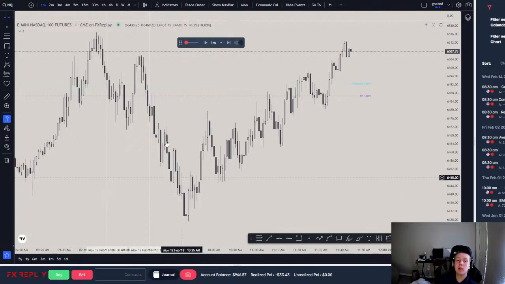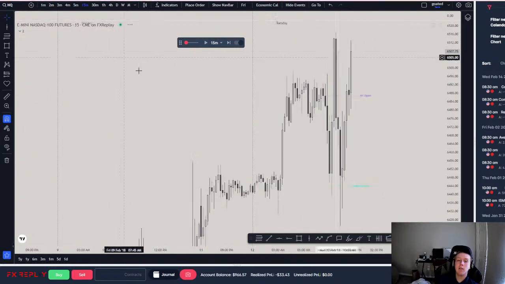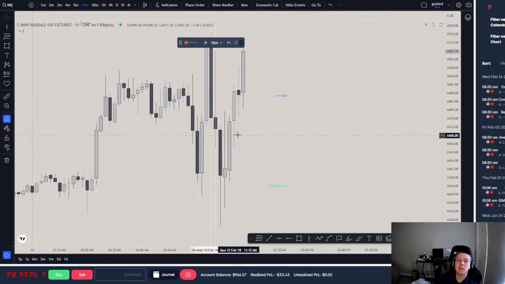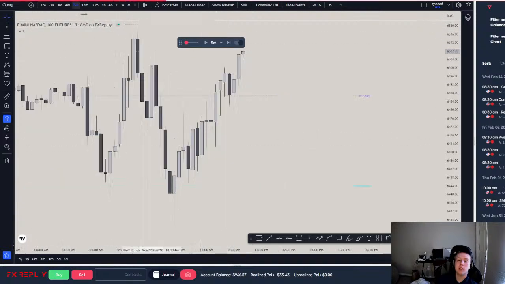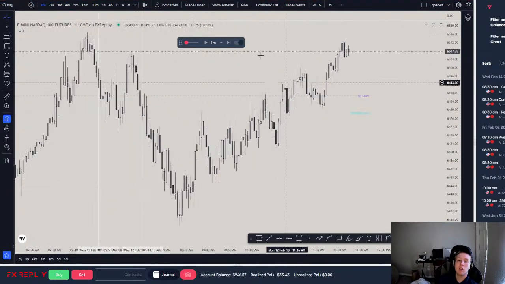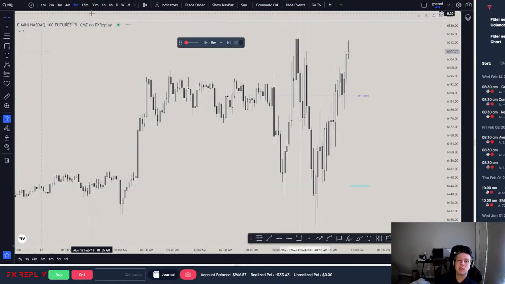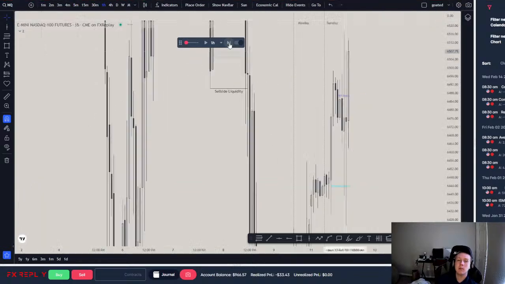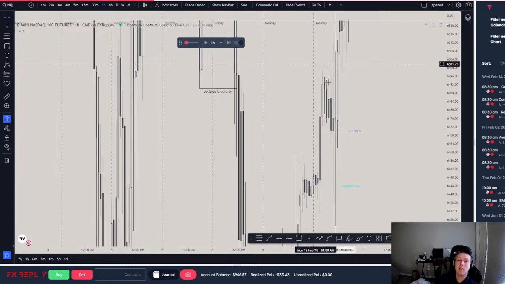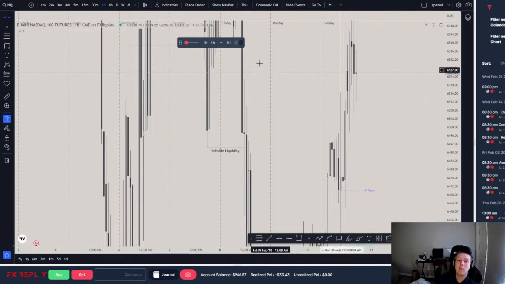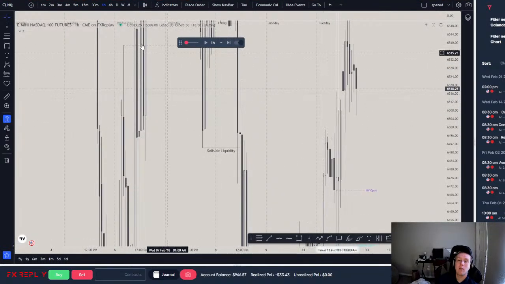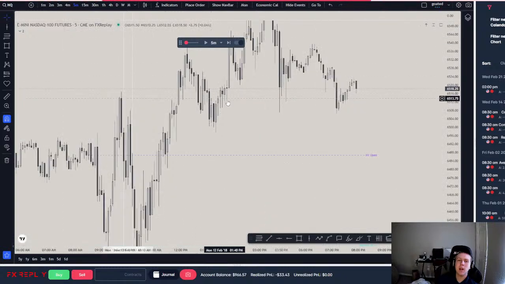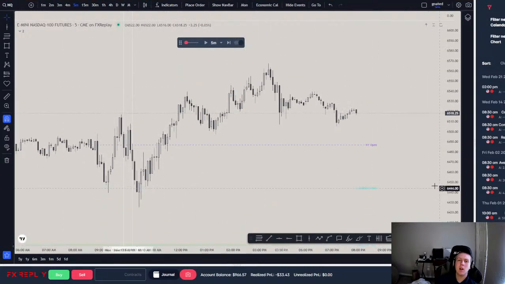Took sell side liquidity, we end up having a 15-minute SISD delivery right there. Boom, we respect that. Propulsion right there. Kind of just a trendline phantom there. I don't really care to get in on that personally. Wait, did we gap midday? No.